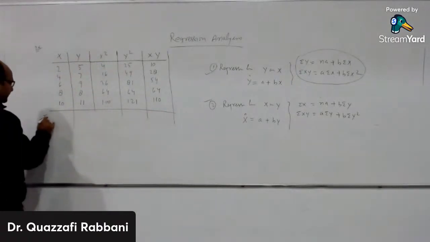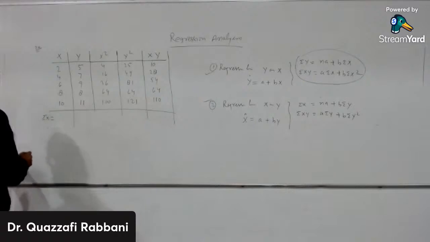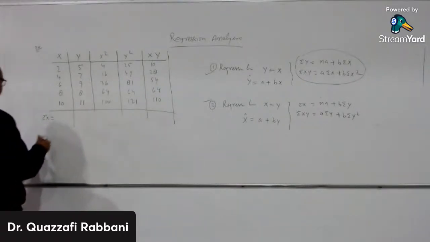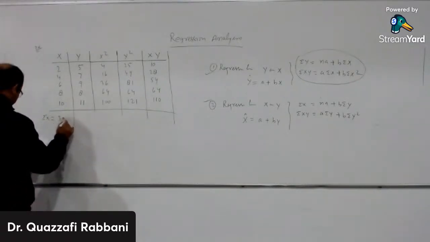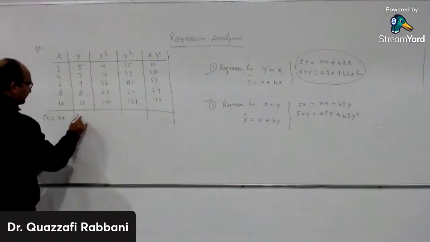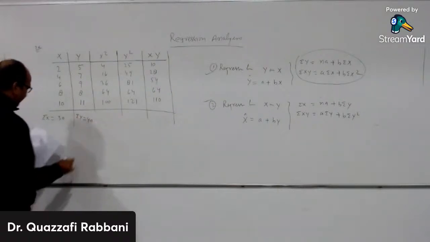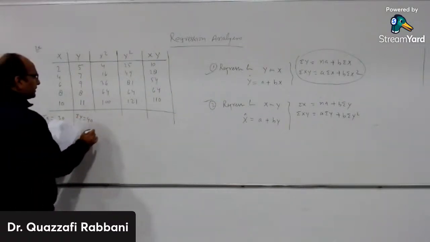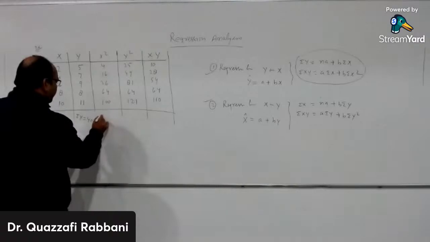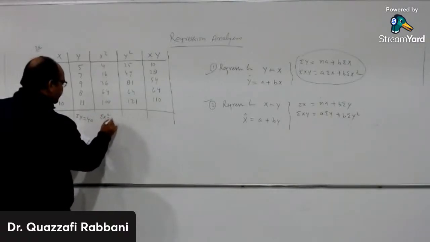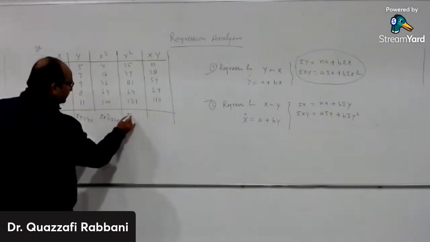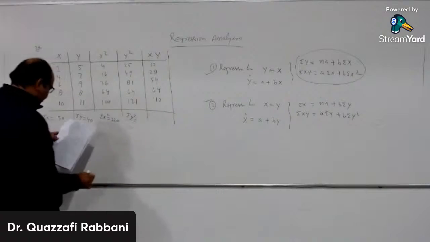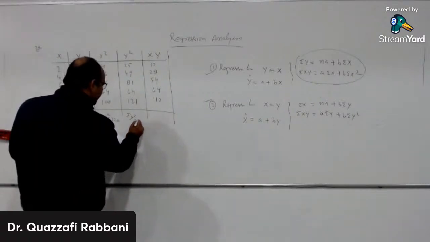So here summation x is 30, summation y is equal to 40, summation x square is 220, summation y square is 340.